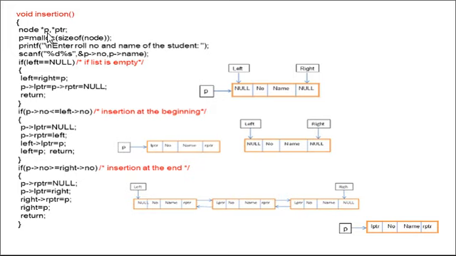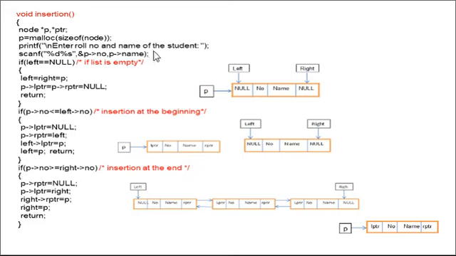So here we are declaring P and PTR, two pointers. These two are of node type, and we are creating memory for the node structure. The node structure means roll number, name, and LPTR, RPTR, and the complete node structure is pointed to by P. So the base address is stored in the pointer P. Now P is pointing to the complete node structure.